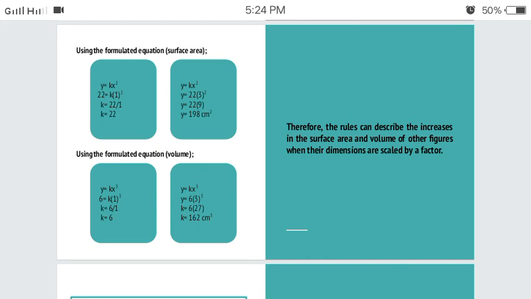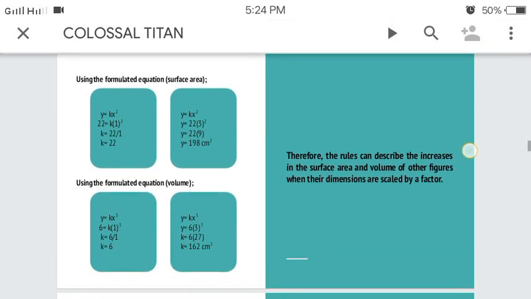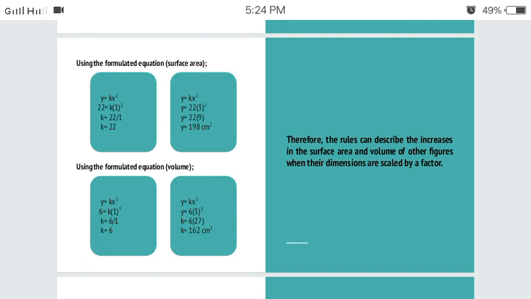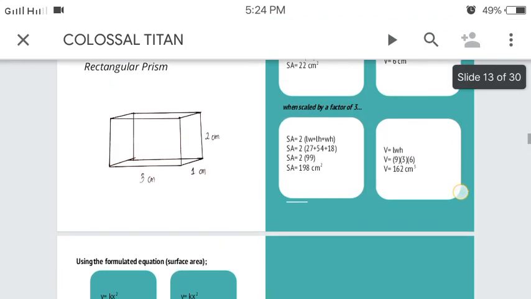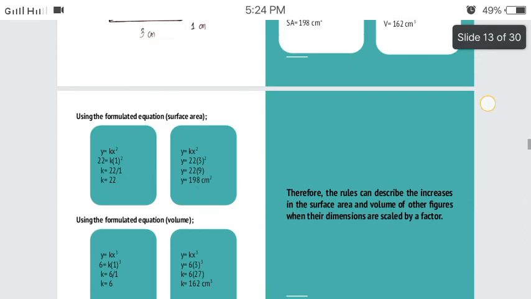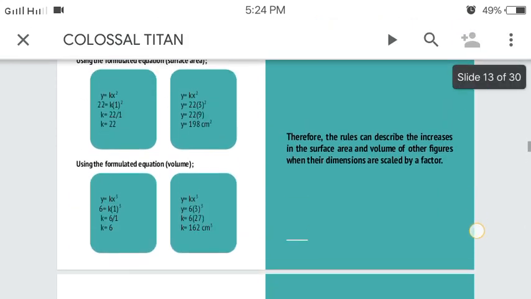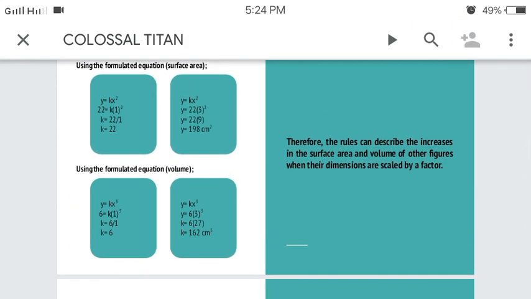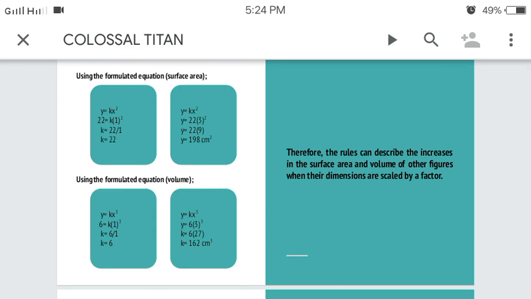That is 6 times 27, which is equal to 162. So the volume of the rectangular prism when scaled by a factor of 3 is 162 cubic centimeters, which is equal to the first solution. So therefore, the rules can describe the increases in the surface area and volume of other figures when their dimensions are scaled by a factor.